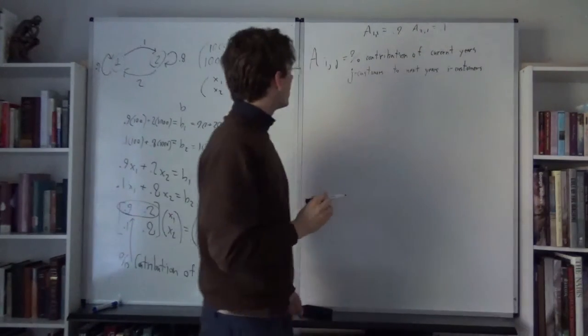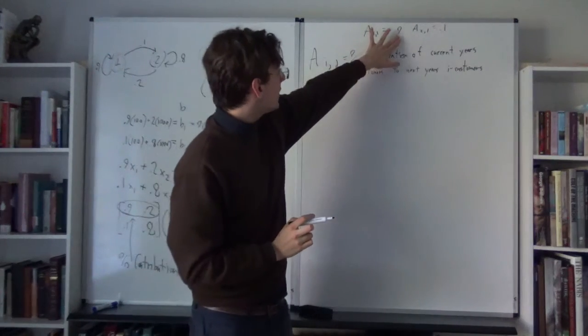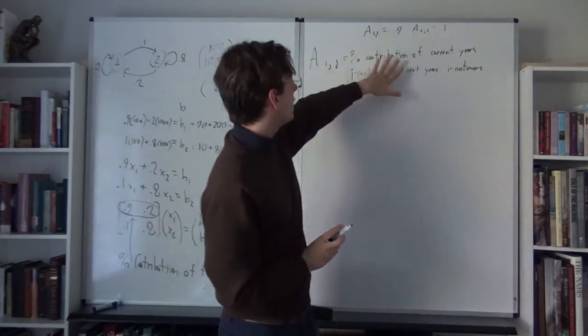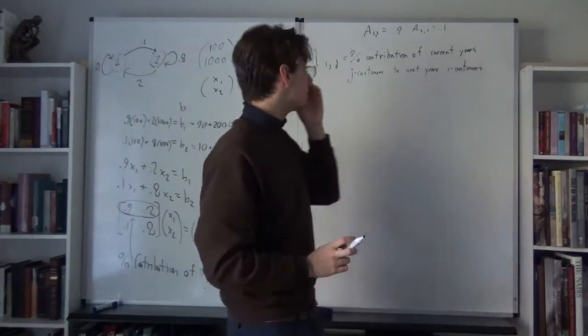Okay? So if this were 1, 1 right here, that would mean it's 0.9, right? So that's the percent contribution of current year's 1 customers to next year's 1 customers.